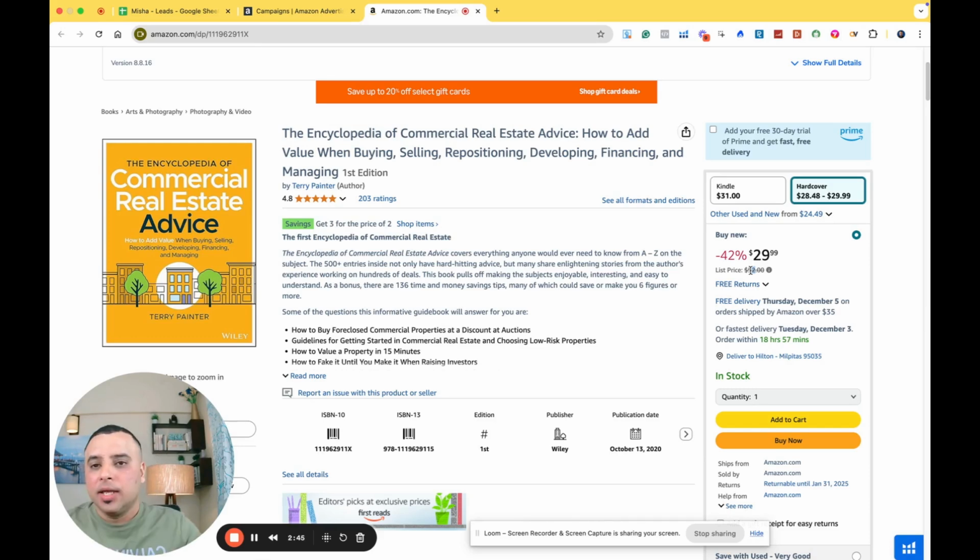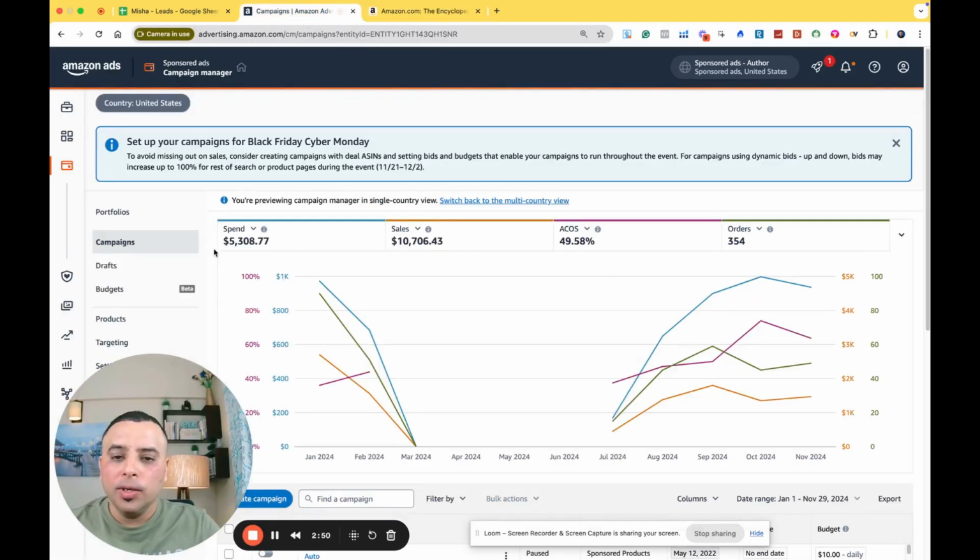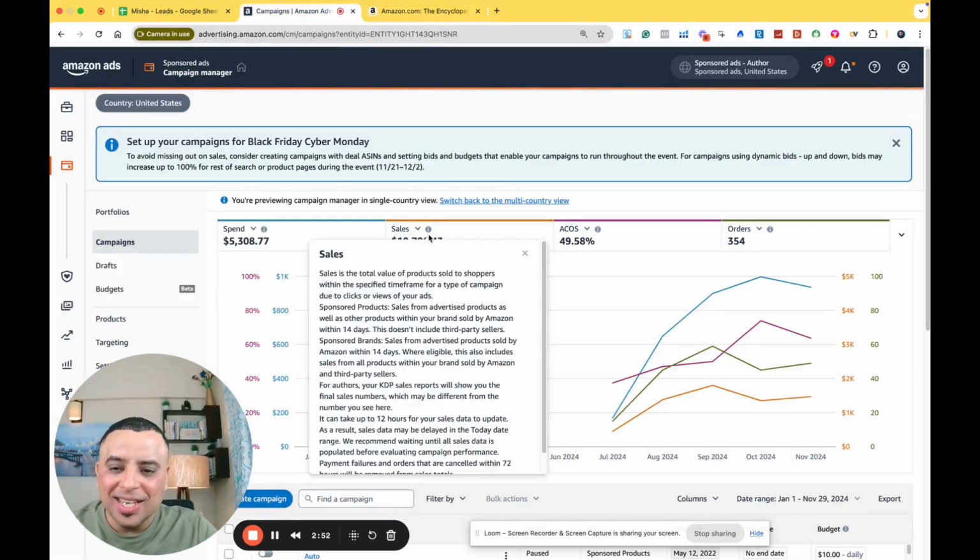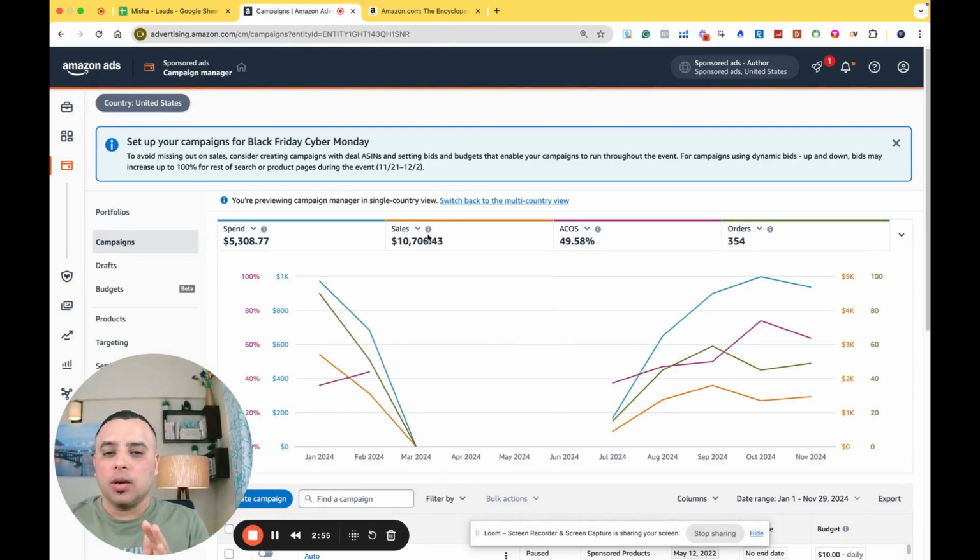Now I want to give you a bit of an overview. Let's go back to the Amazon dashboard. The sales that you see here, whether there is a discount or no discount, come from multiplying the orders by the price that the Amazon customers eventually paid.